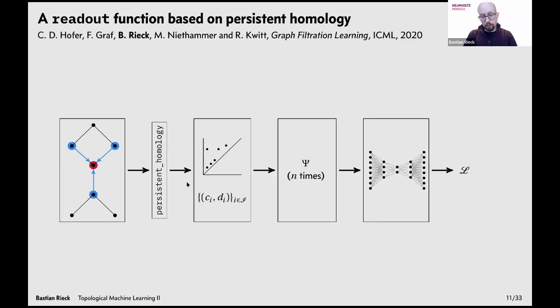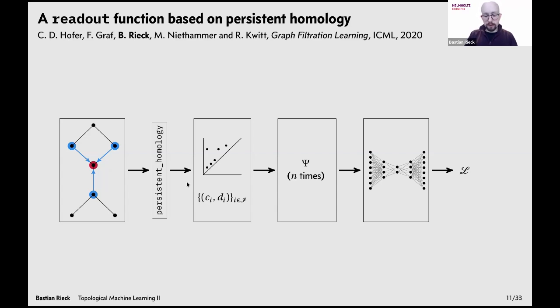And to show you what we did, I first need to do a little bit of an interlude and discuss prior work where I was very happy to have been a co-author. This is work by Chris Hofer and colleagues, entitled Graph Filtration Learning.